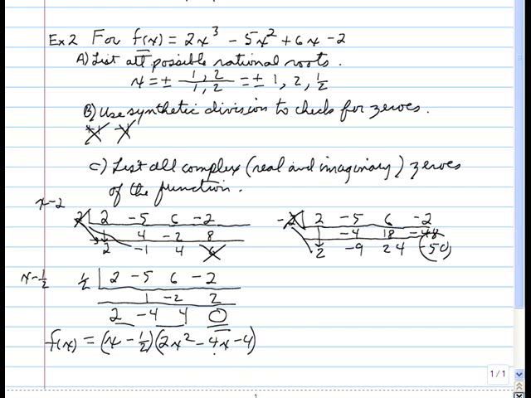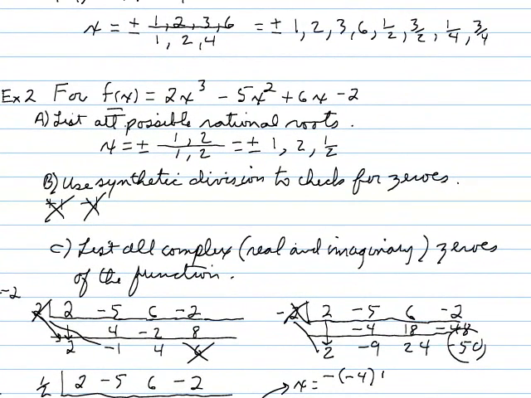Now, the next thing you'd want to do is see if this factors. You can go ahead and play with that for a minute, but I got to tell you that doesn't factor. So what I'm going to do is get my other two roots using the quadratic formula. So I'll say x is equal to negative b. Now b here is negative 4, so that's negative negative 4, plus or minus the square root of b squared, which is negative 4 squared, which is 16, minus 4ac.